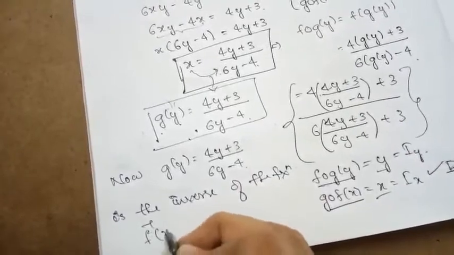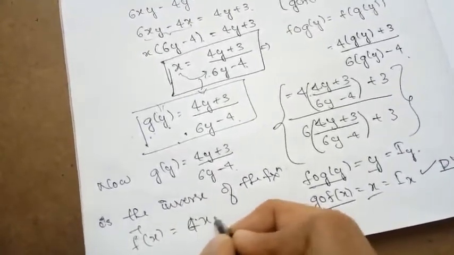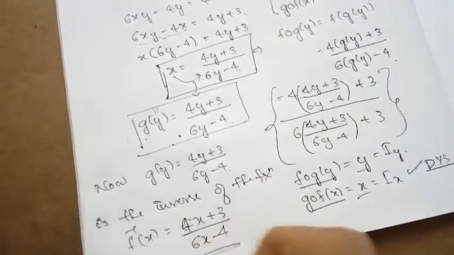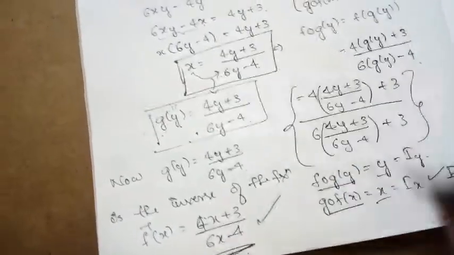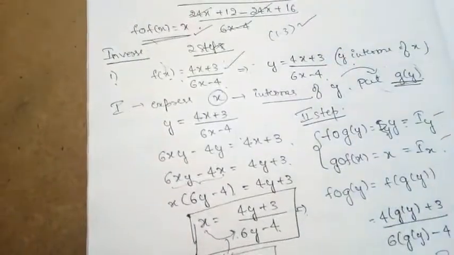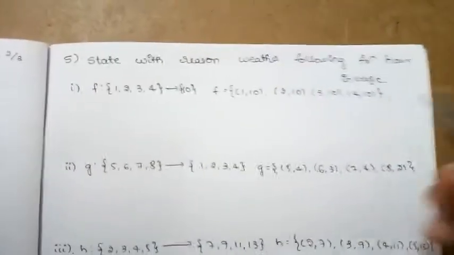That is, f inverse of x is equal to 4x plus 3 divided by 6x minus 4. So this is the inverse of the function f of x equal to 4x plus 3 divided by 6x minus 4. Now let us move to the next question.